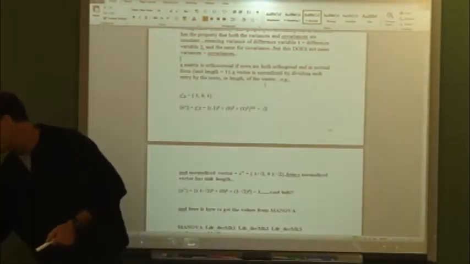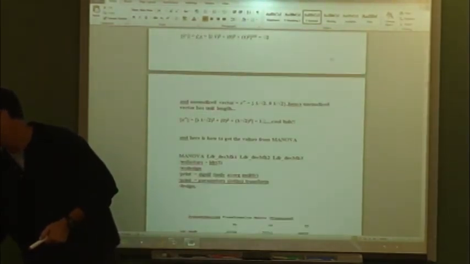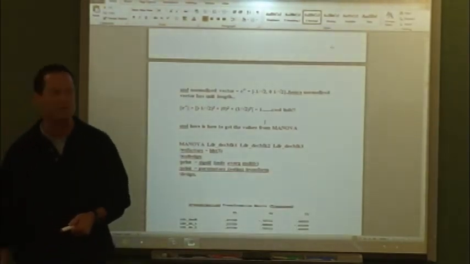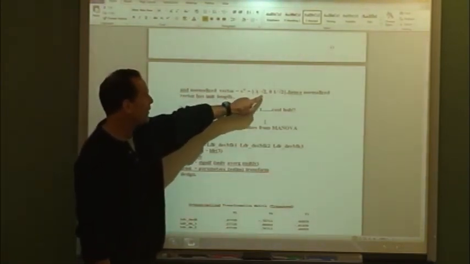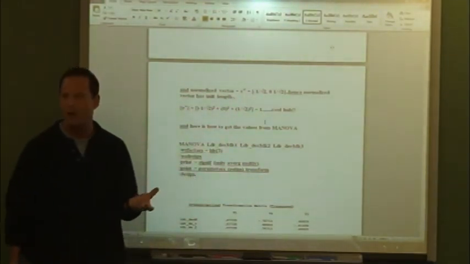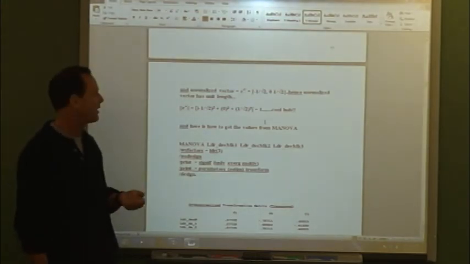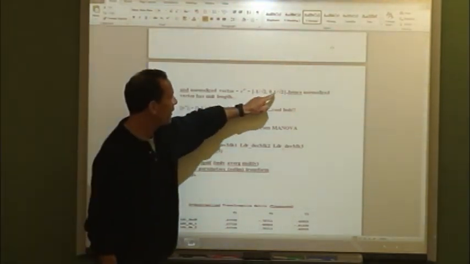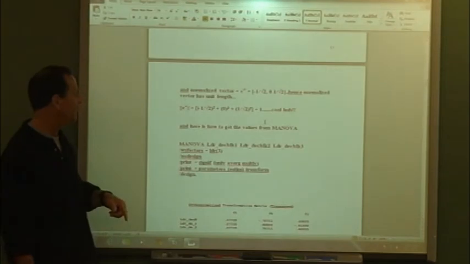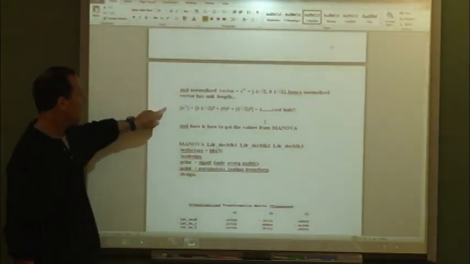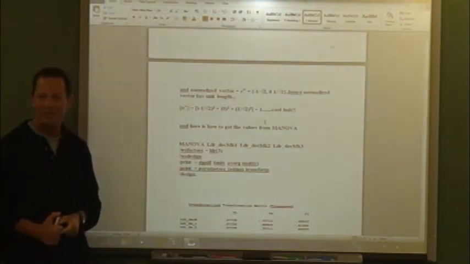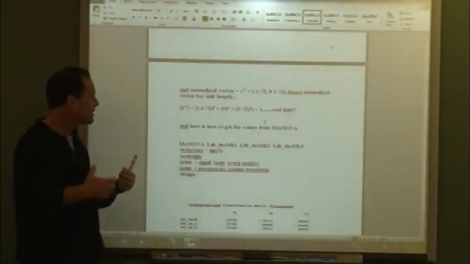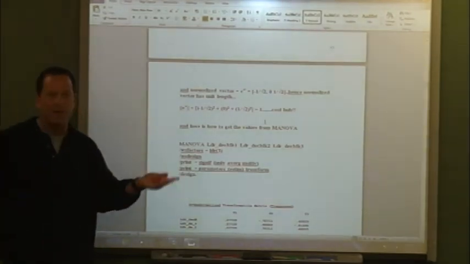What do we do then, everybody? You have an orthonormalized vector, a normalized vector. So I take that -1 divided by the square root of 2. The square root of 2 is approximately 1.414, a non-terminating decimal. 0 divided by that, 1 divided by the square root of 2. And the sum of squares all equals 1. Isn't that cool? It's a little thing. So that makes it orthonormalized, by having basically all these repeated measures add up to this 1.